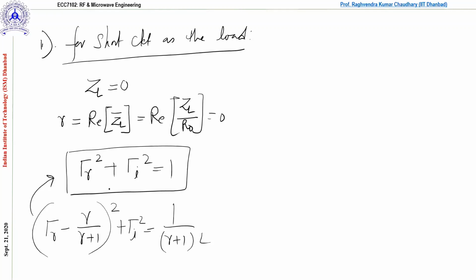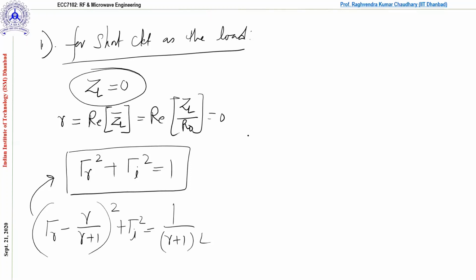This is the largest circle we are going to draw over the gamma plane, because 1 over r plus 1 is 1, which is the maximum value. If you increase r, the radius will go down gradually. So this is going to give you the largest circle when ZL is 0.